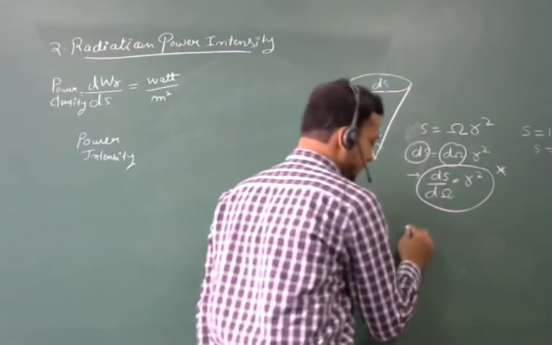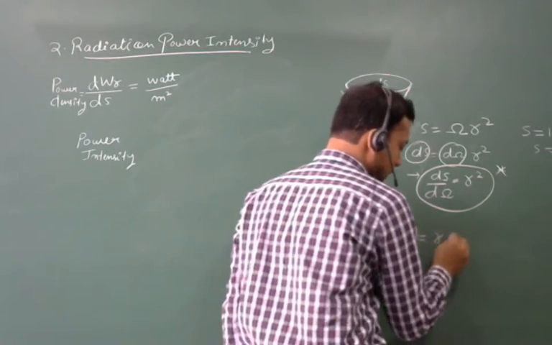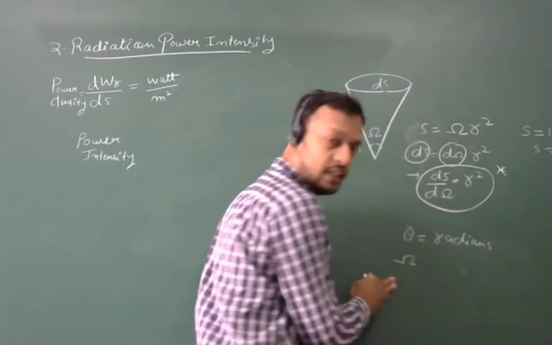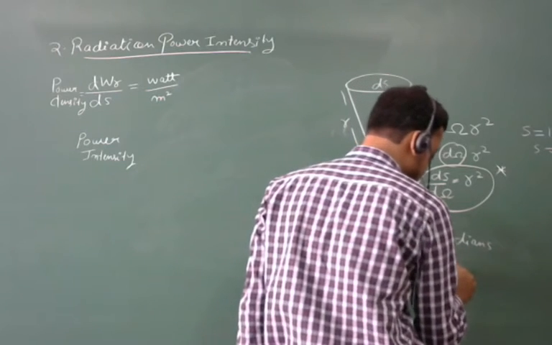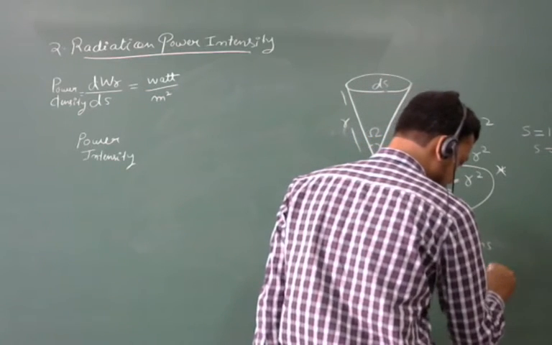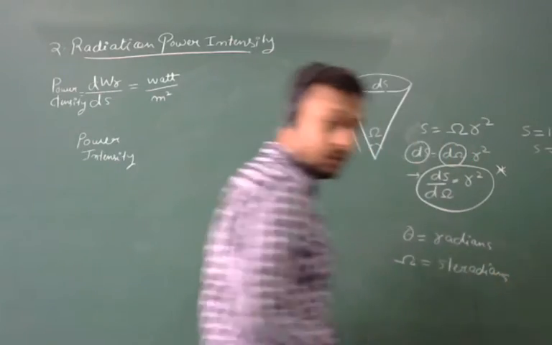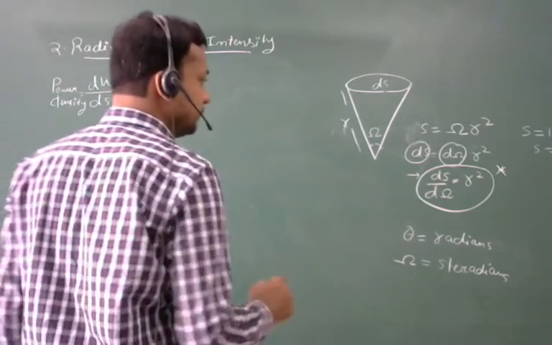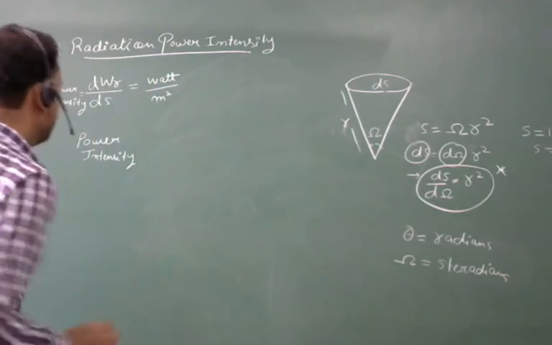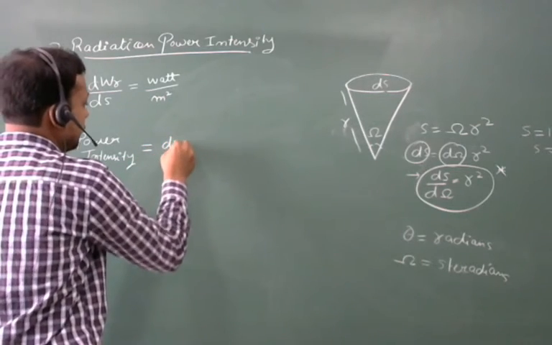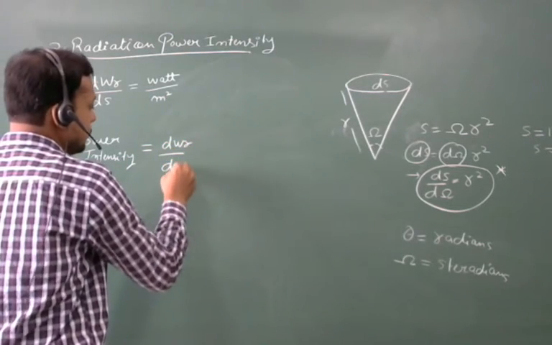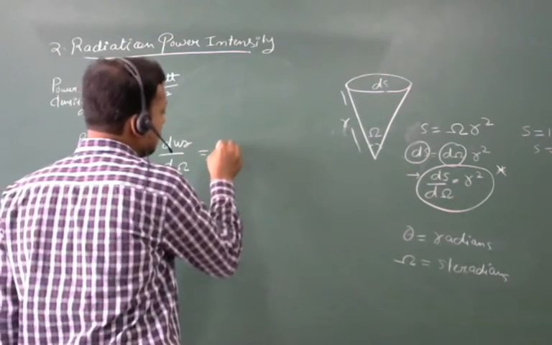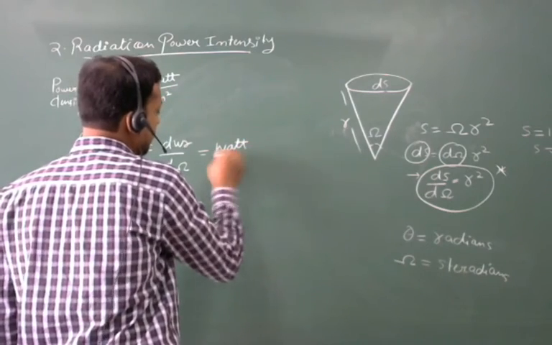If theta for 2 dimensions has a unit of radians, then this solid angle, which is in 3 dimensions, has a unit of steradians. So the power intensity can be given by dW upon the solid angle, and it is in watt per steradian.